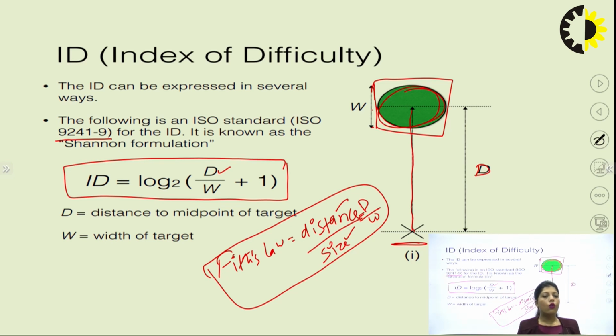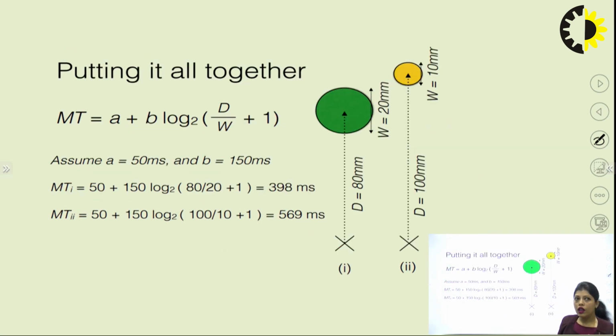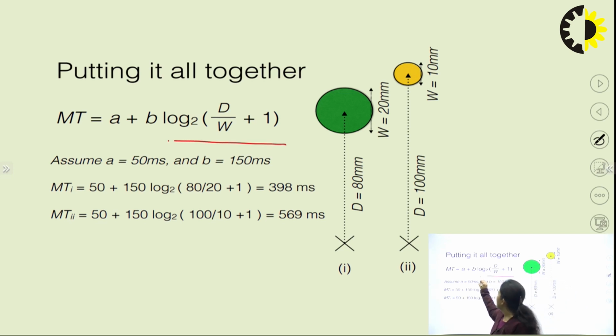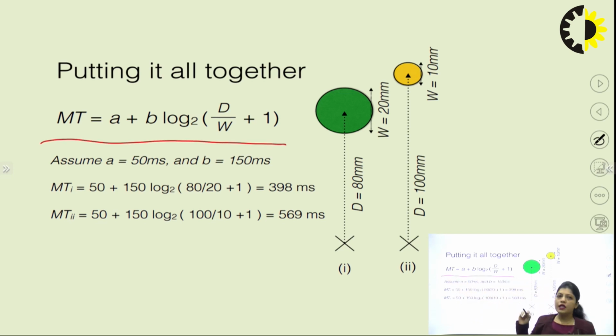So when we know the width of the target and the distance to the target, we can easily calculate the index of difficulty. After putting it all together, we can easily calculate the movement time between the cursor and the object. This is the equation of Fitts law: MT is equal to A plus B log base 2 of D divided by W plus 1.